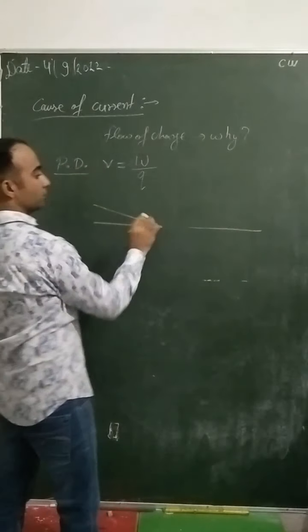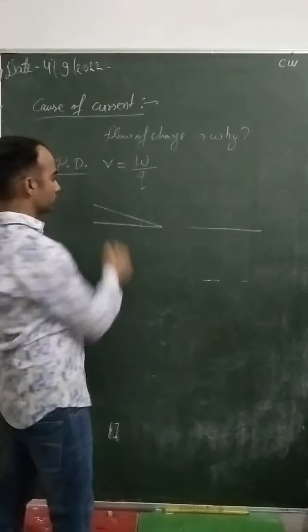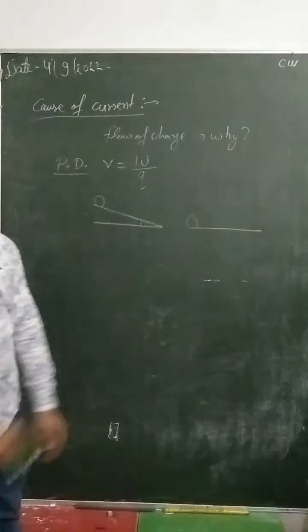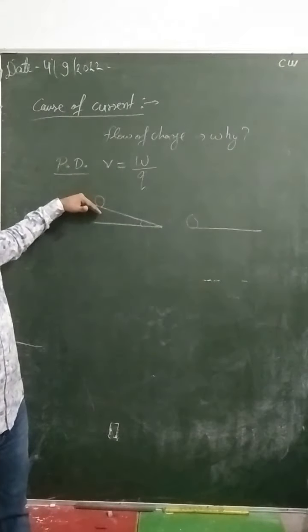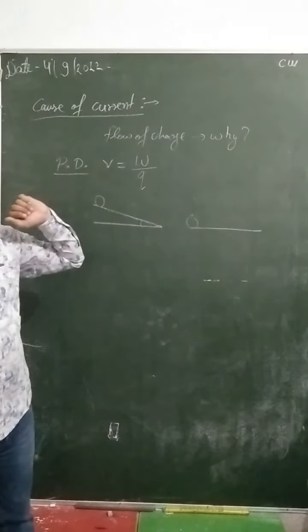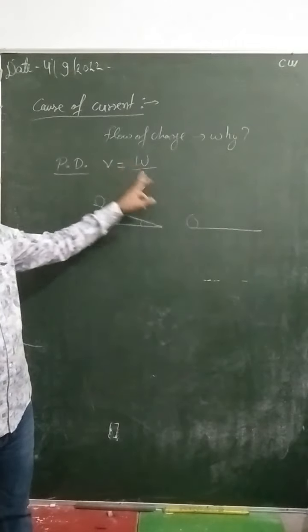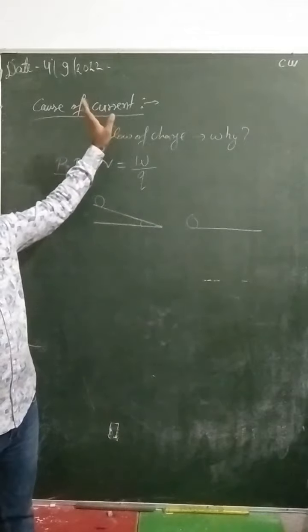If we put water or any other object like a ball, then which ball will roll faster? This ball will roll faster because it is placed on an inclined plane. So this is called potential difference for the charge. Greater the potential difference, greater will be the flow of charge and greater will be the current.